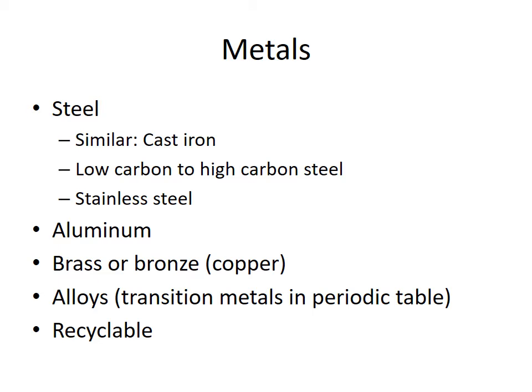And it's basically any mixture of metals in the transition metal area of the periodic table. I may or may not get into that a little bit further in this class, but it is covered in the industrial materials class for industrial technology majors. Some of you have had that course already. Metals are recyclable. We're going to see that some of the materials, not so much.